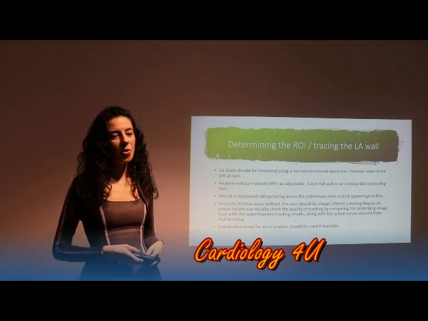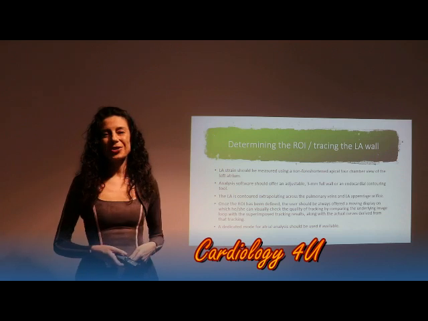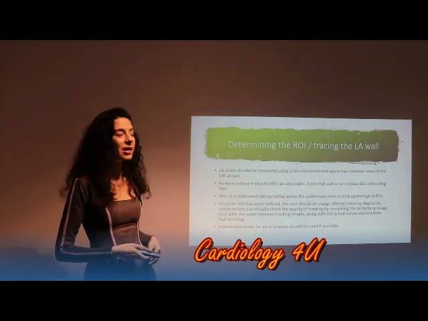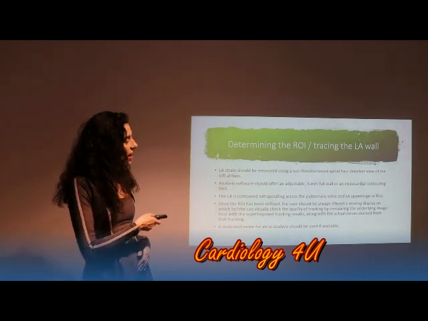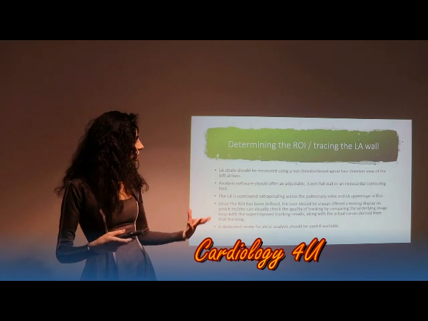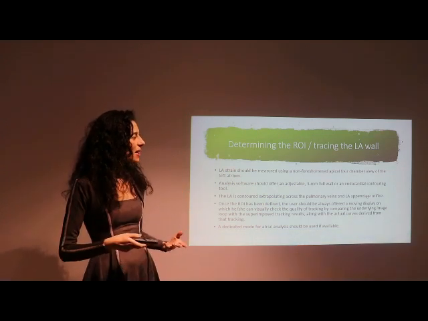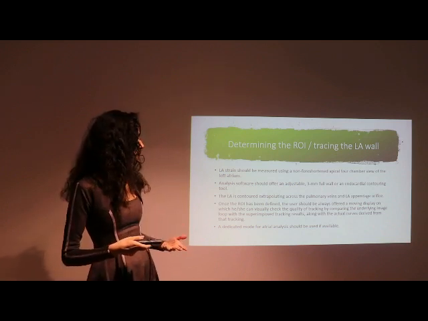and about determining the ROI and tracing the LA wall. It is said that the strain should be measured in a non-foreshortened apical four-chamber view of the left atrium. The left atrium is contoured, extrapolating across the pulmonary veins and the orifice of the left atrial appendage.